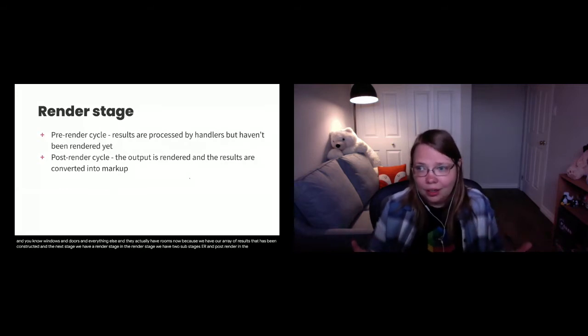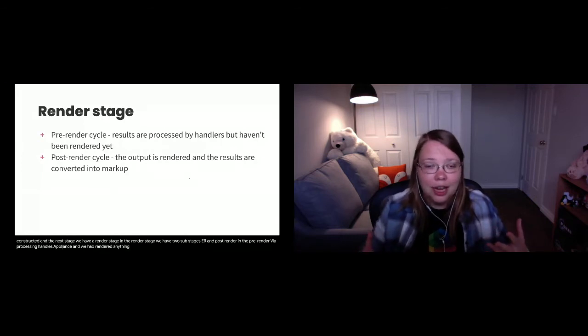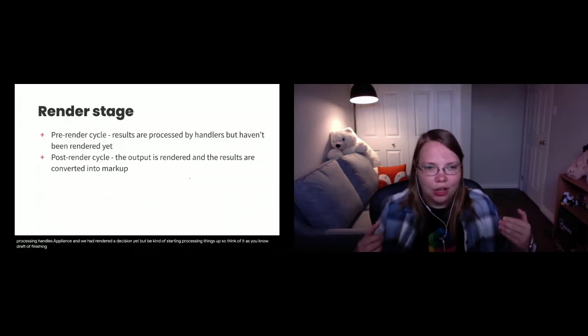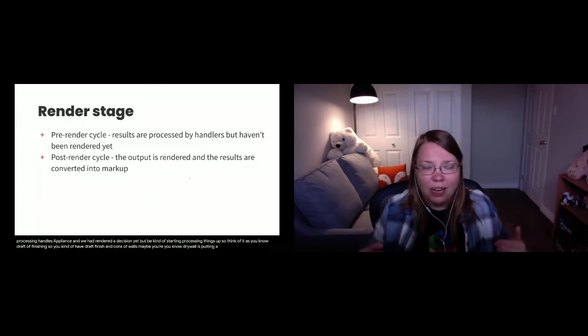In the pre-render, we are processing handlers or plugins, and we haven't rendered anything yet, but we're starting to process things. So think of it as draft finishing. You have draft finishing on the walls, maybe your drywall is put up, but there is no finishing paint yet. There is nothing like that.